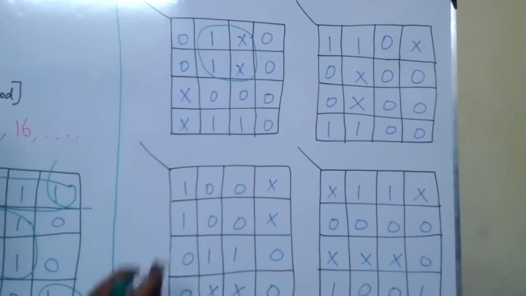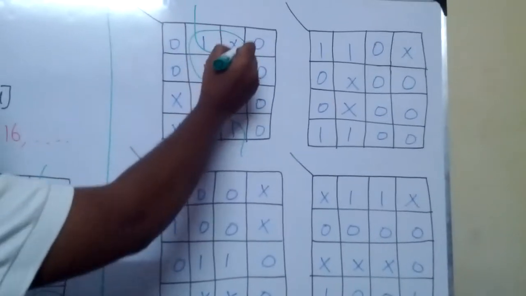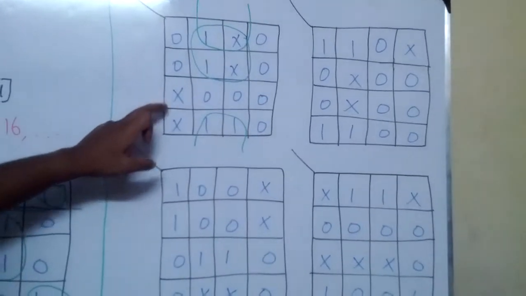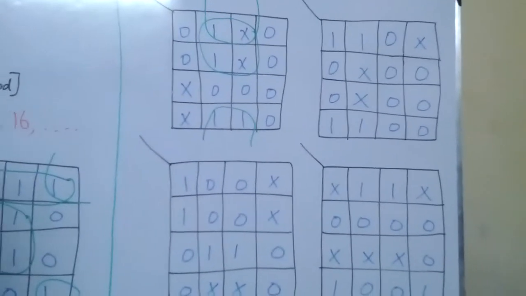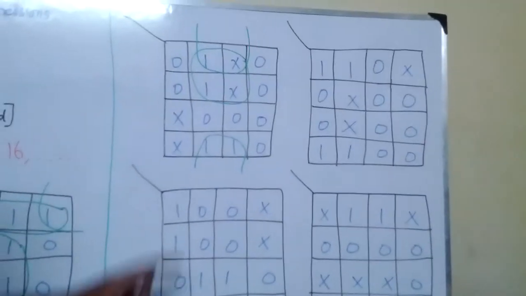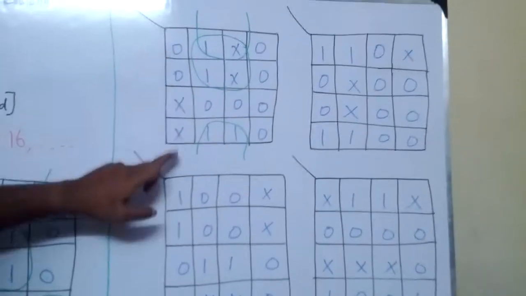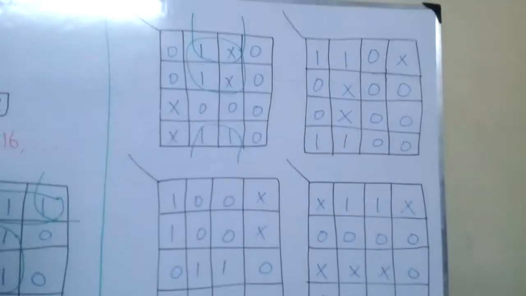Considering these two as ones, this can be grouped, and these two ones and this one. This is considered as zeros. No need to group this. Okay? In this, the don't care is not used here.